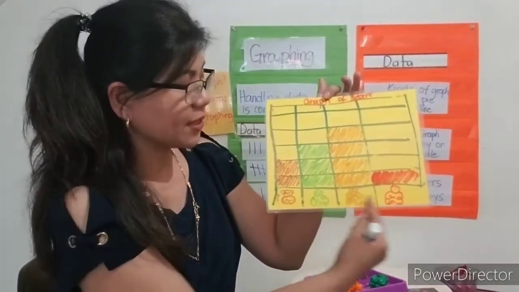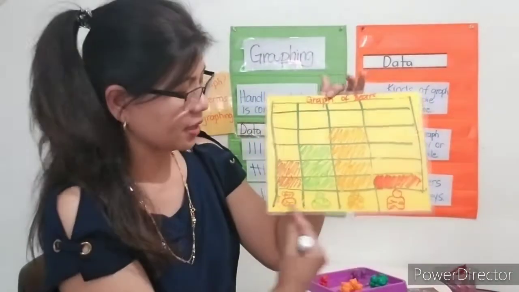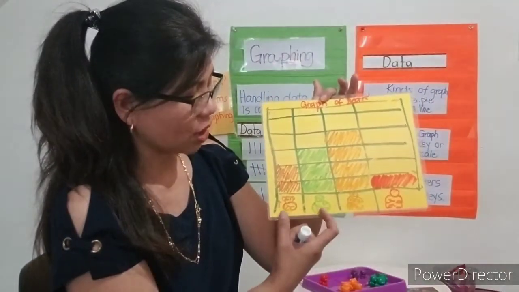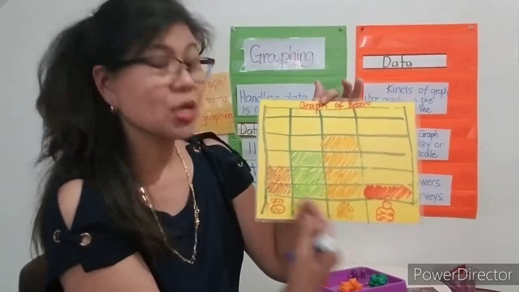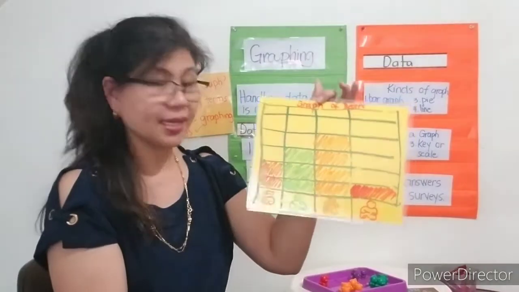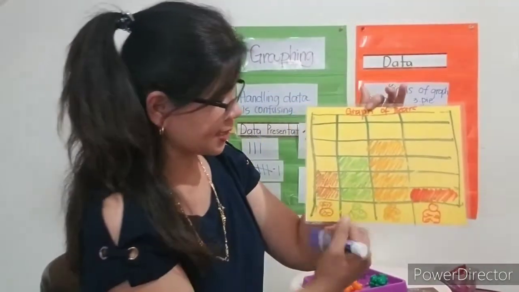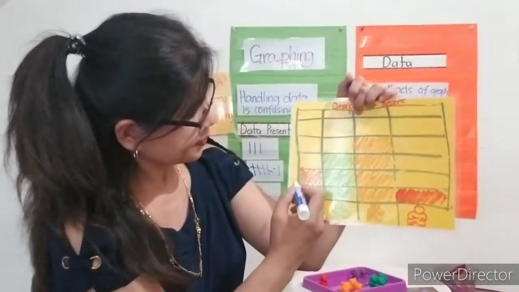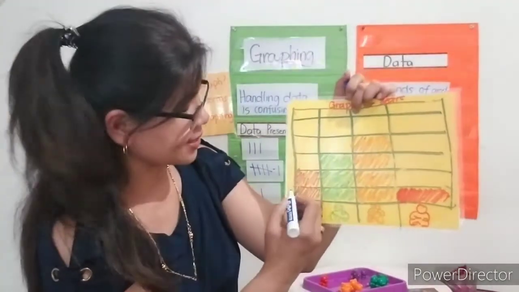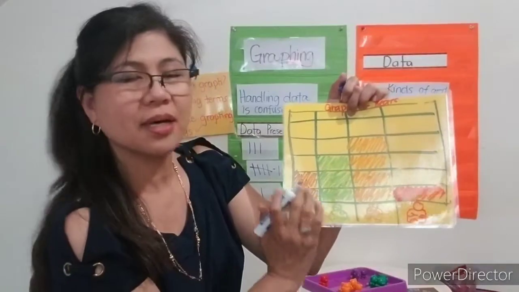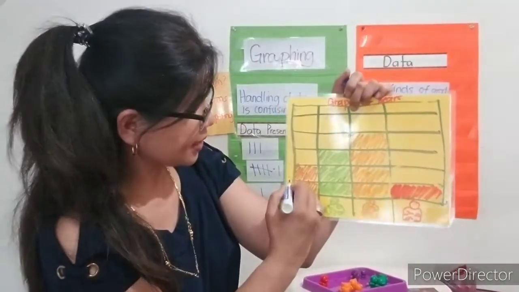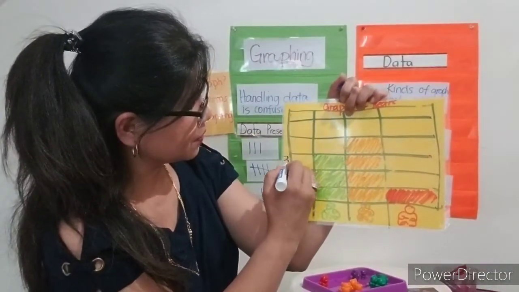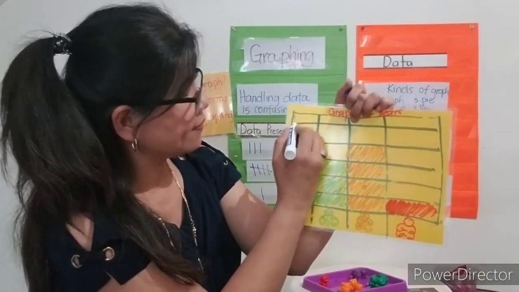And I have here the key or the scale. I color-coded the bears, so I know how to put my data in my graph. So as you can see, I have 2 purple bears here. You can also number the boxes. I forgot to do that last time. And remember, we always start coloring from the bottom. This is 1, 2, 3, 4, 5, and 6.